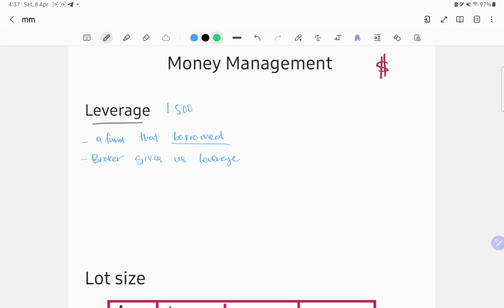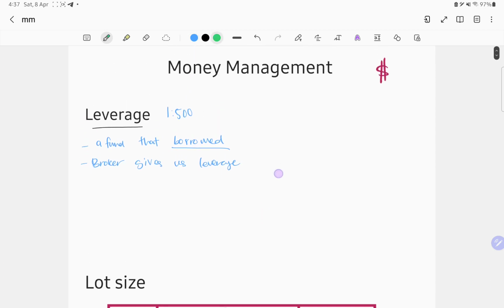So how does leverage work? Let me show you an example for 1 to 5. Let's say you are investing 1 unit, and then the broker will give you around 5 units. So let's say you invest 1, and then the broker might give you another 4.